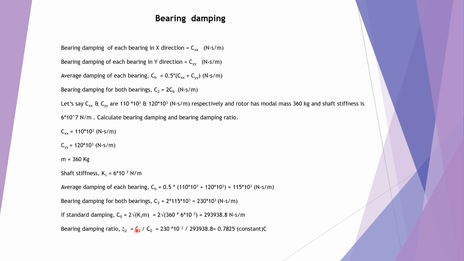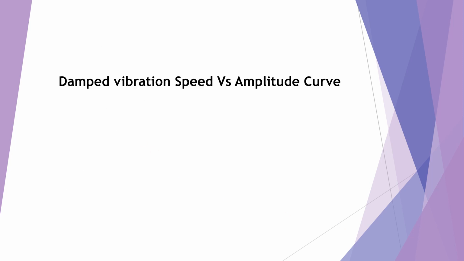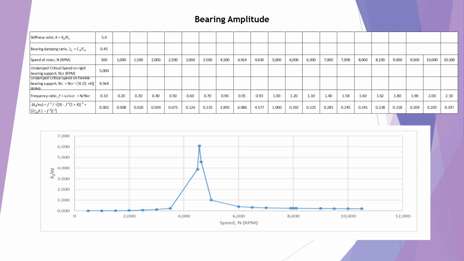The standard damping we can write as 2 into the square root of K1 into M, which on calculation is 293938.8. So the bearing damping ratio zeta 2 is equal to C2 by C0, which comes to 0.7825.